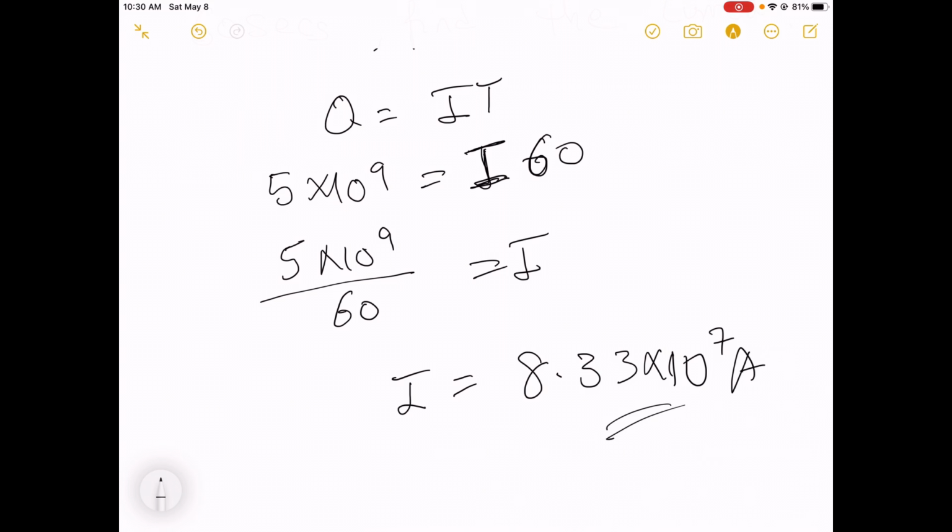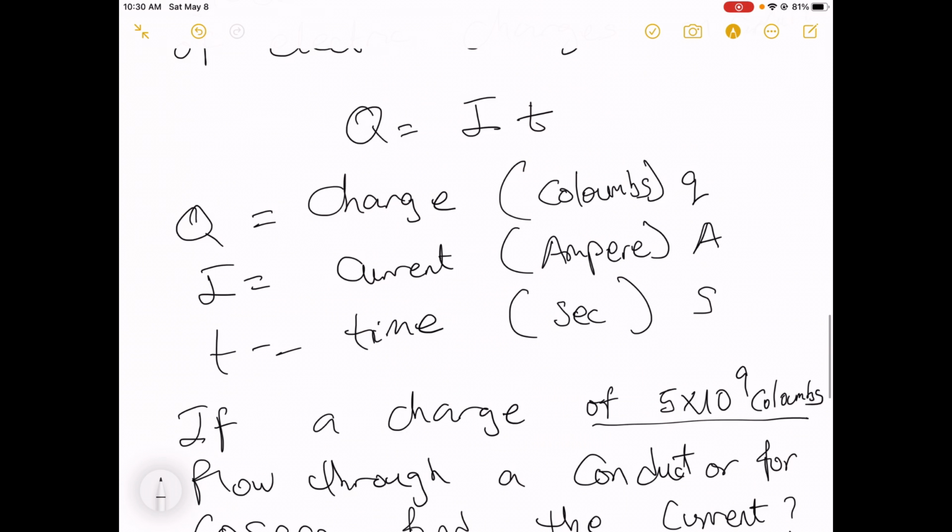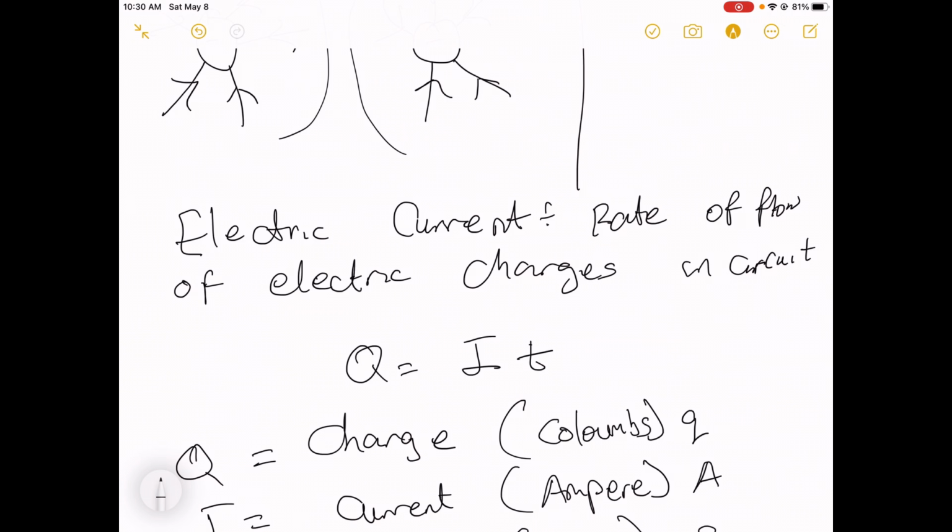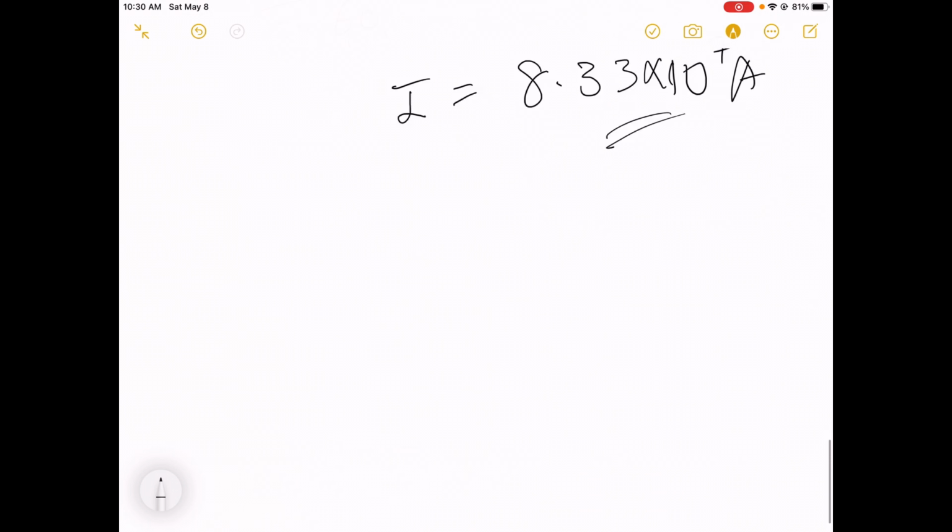So this is the concept of electric current. It's the rate of flow of electric charges in a circuit. We have different types of circuits. When you look at buildings or houses, they have their specific circuits, how electricity comes in through the house.